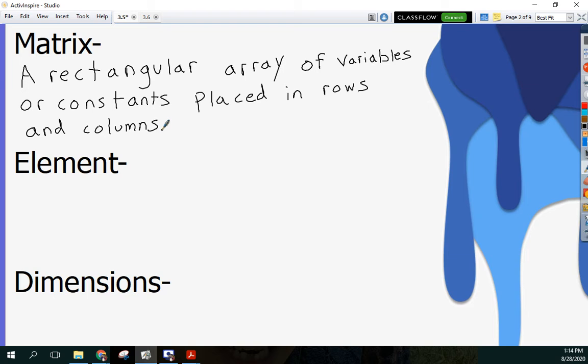Now, an element of a matrix is going to be any value in a matrix.